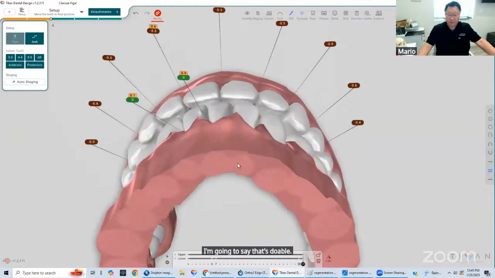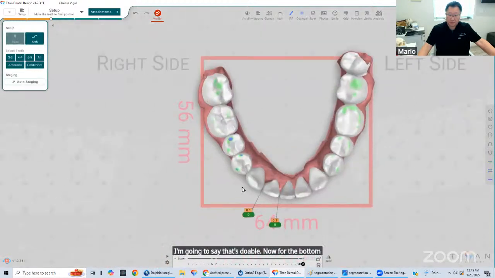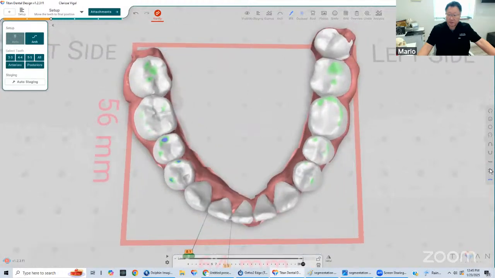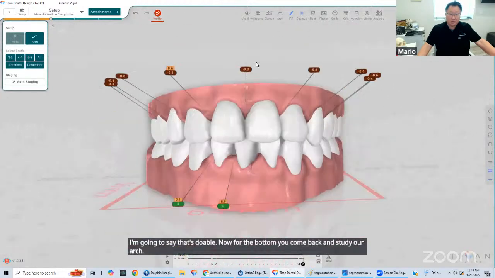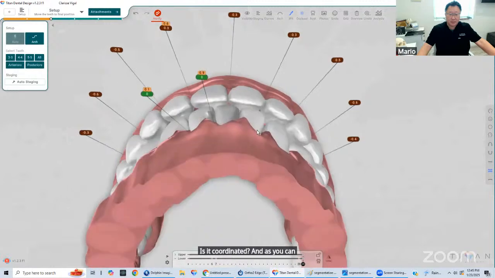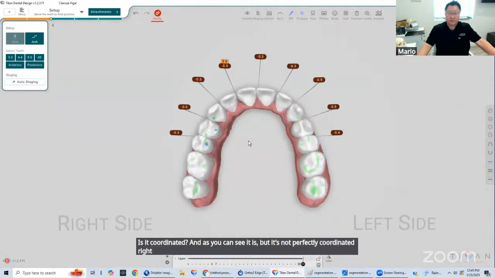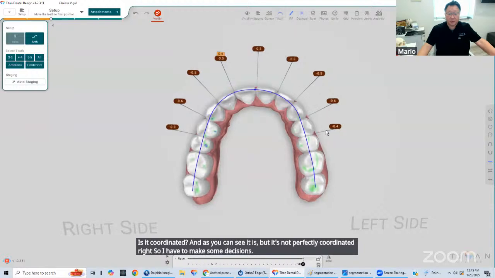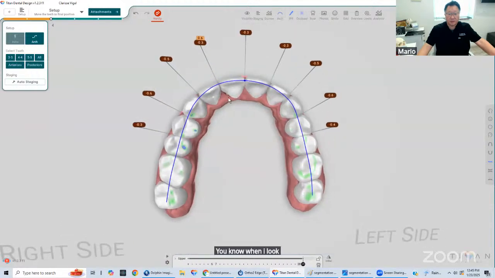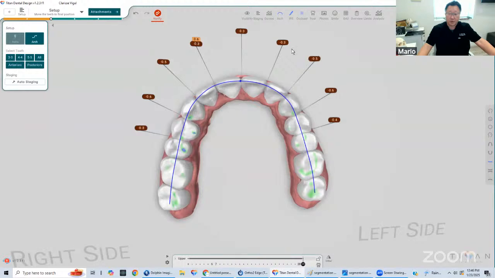Now for the bottom, we come back and study our arch. Is it coordinated? As you can see, it is, but it's not perfectly coordinated, right? So I have to make some decisions. When I look, the top is okay.